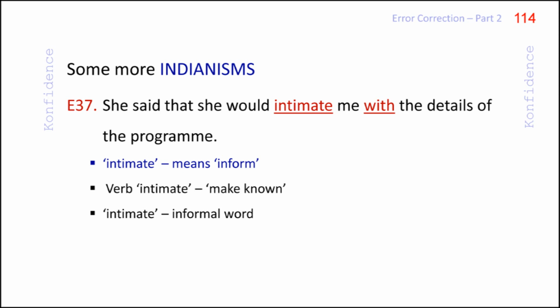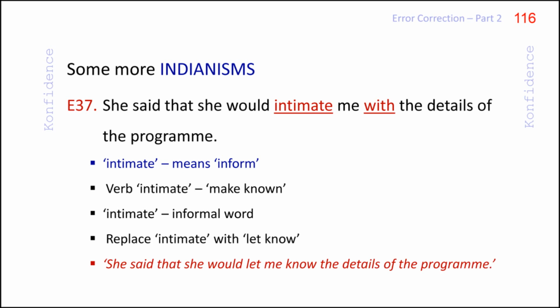It's not a commonly used word for business purposes. Hence, better use let know in place of intimate. Then the sentence will be, she said that she would let me know the details of the program. Note the omission of the preposition with.